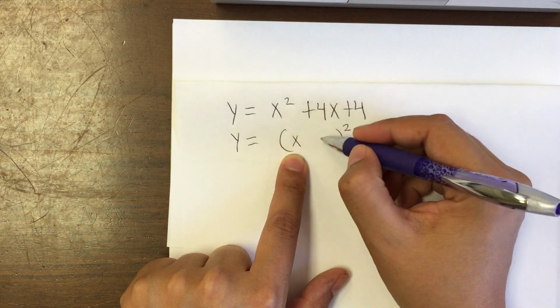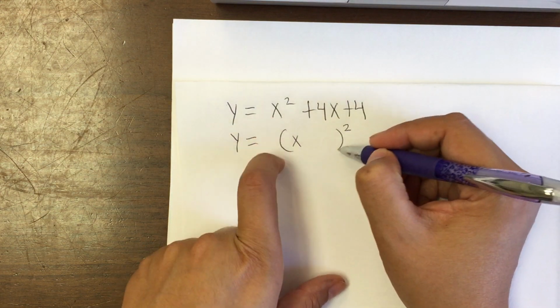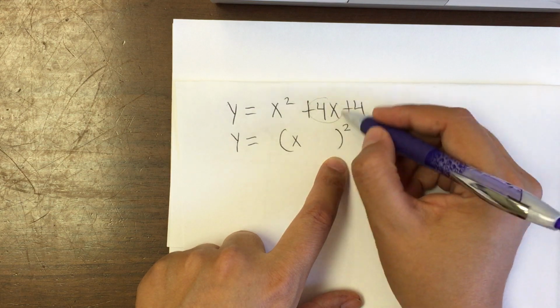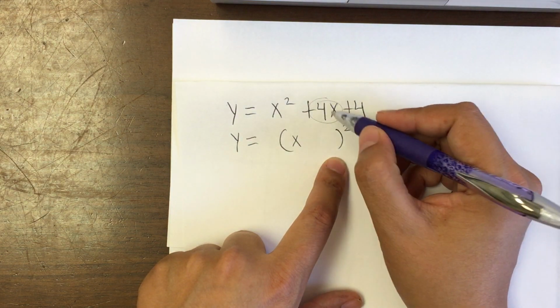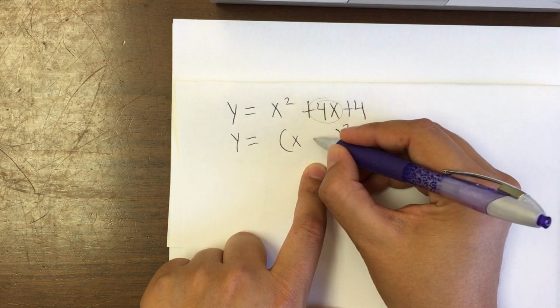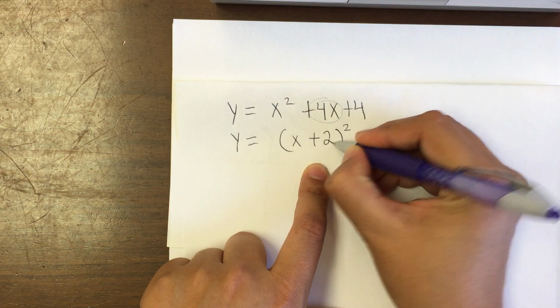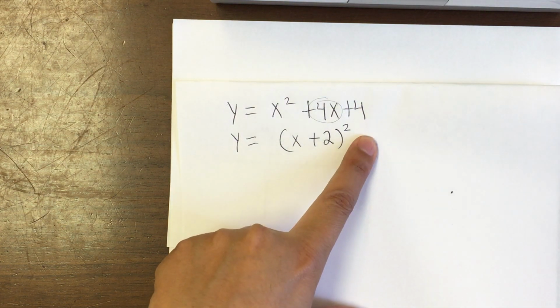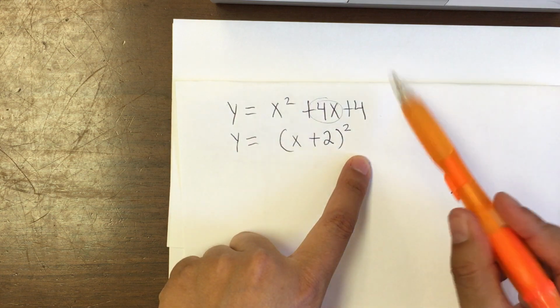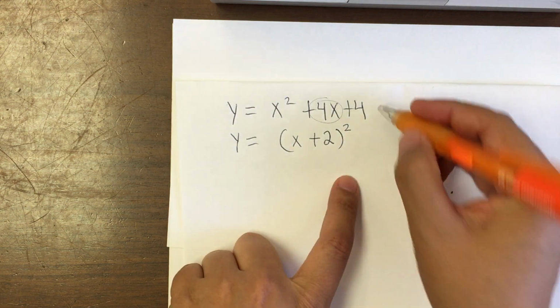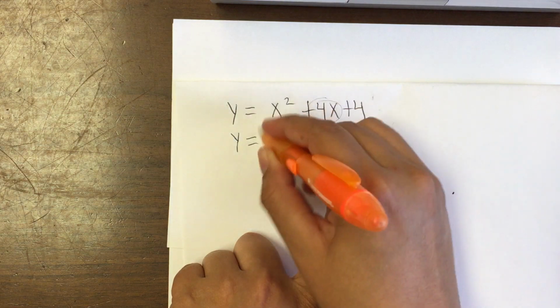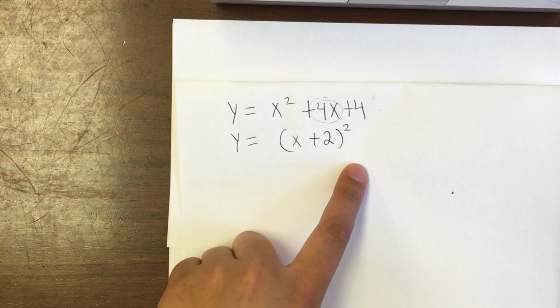For the second term in the perfect square, all we have to do is get half of the middle term, which is 4, so half is 2. And we don't have anything added or subtracted, because this is already my perfect square. Okay?